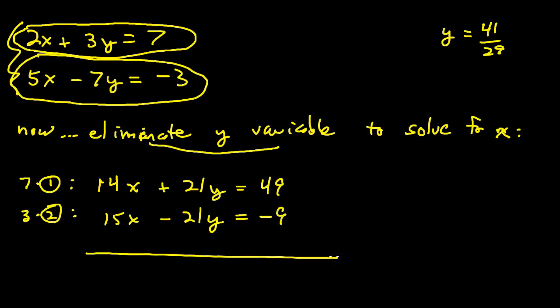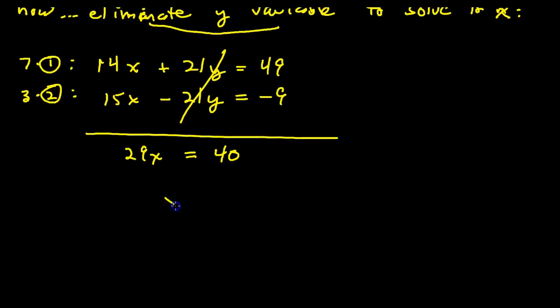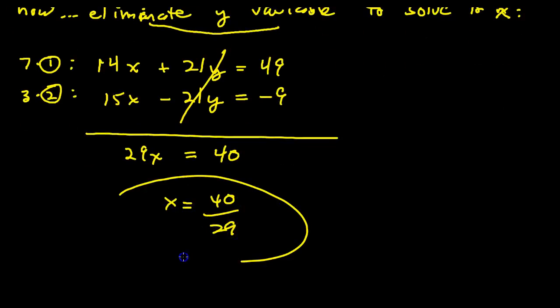And then we've rigged things up so that the y variable would cancel out. Right? 21y and minus 21y cancels out. I'll get 29x equals 40. Or finally, x equals 40 over 29.